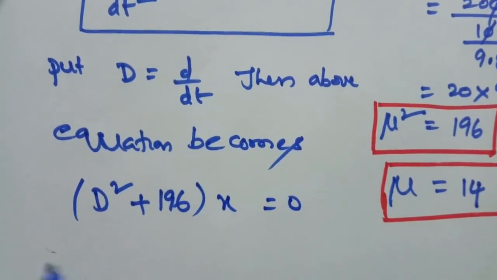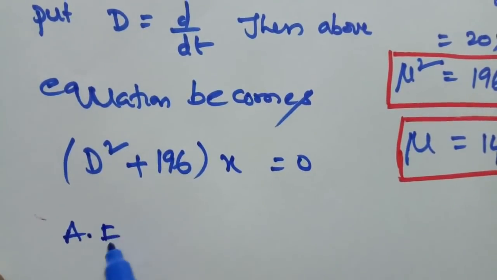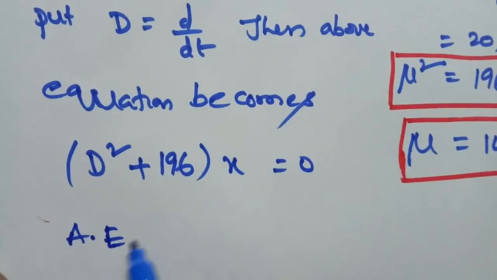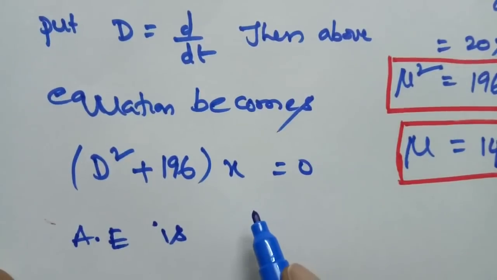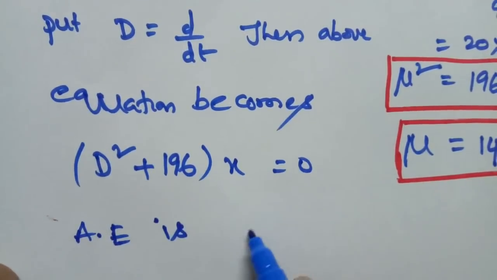This is an ordinary differential equation with constant coefficients. To find its solution, first write the auxiliary equation to find the complementary function.